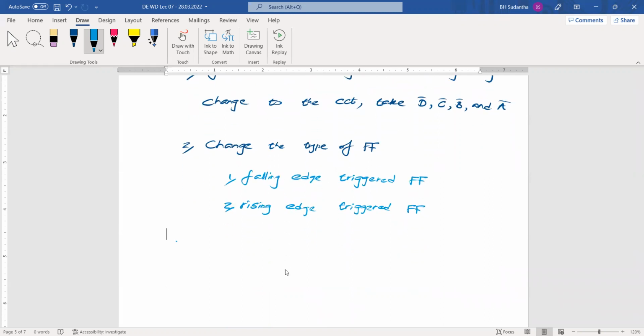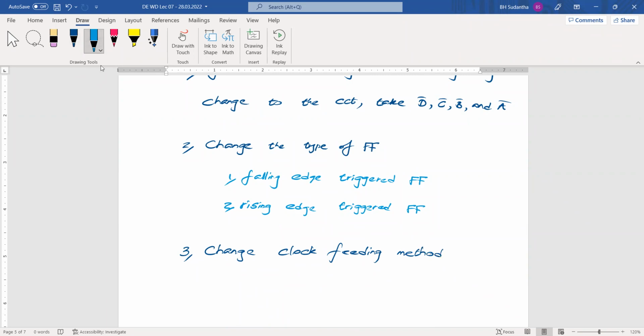Other thing, the third step you can try, change the clock feeding method. What does it mean?